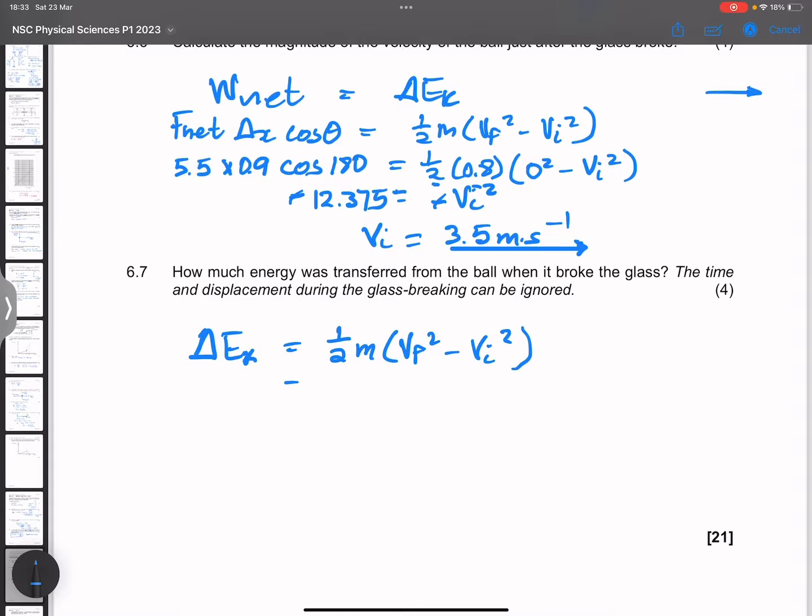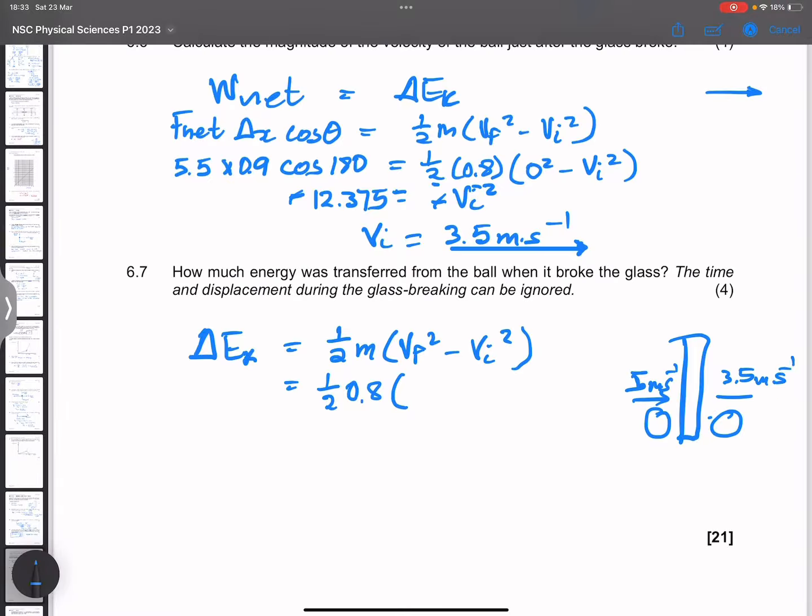The mass is 0.8. This is during the process of breaking the glass. The ball before was moving at 5 meters per second, and afterwards it's moving at 3.5 meters per second. So it must have lost some energy there. So final, that would be 3.5 squared minus 5 squared.